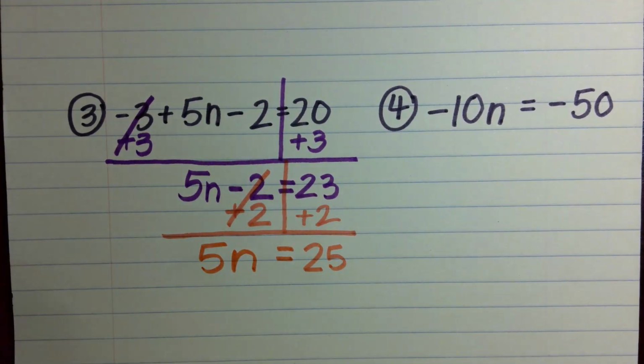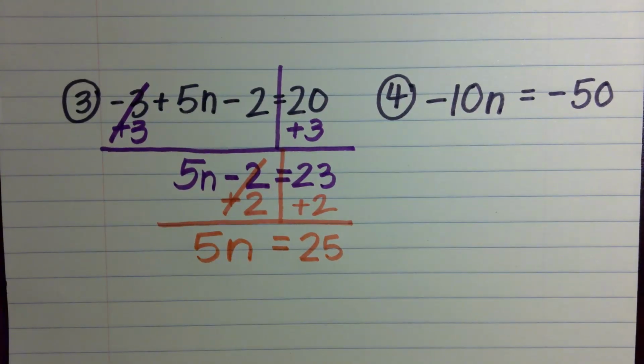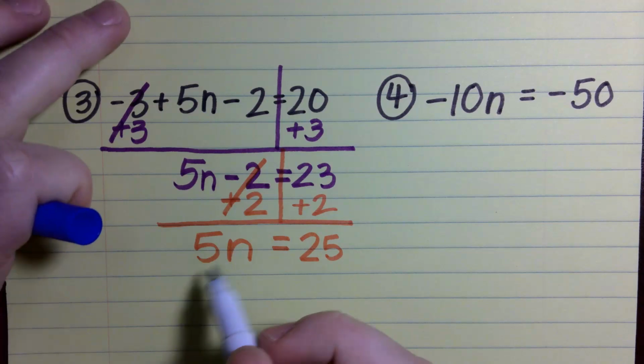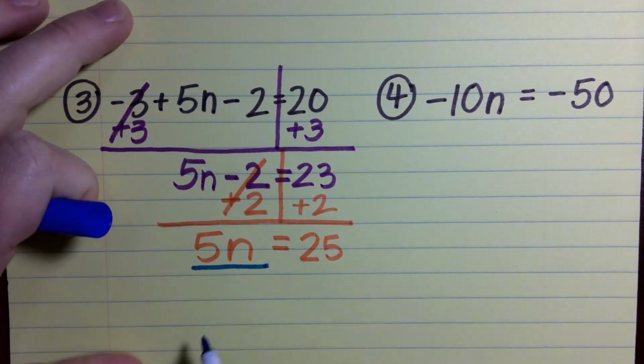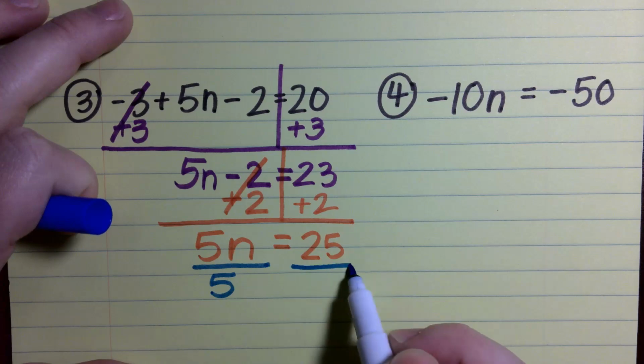Okay, we're left with another entirely new equation. We've got 5 times a number equals 25. How are we going to figure out that number? Yes, we're going to divide by 5 because 5n means 5 times n, and inverse operations tells us to get rid of multiplication, we divide.